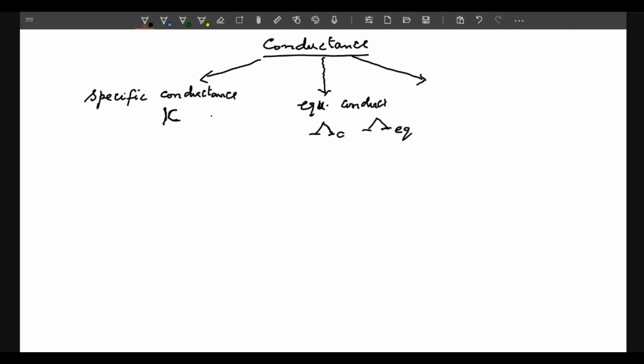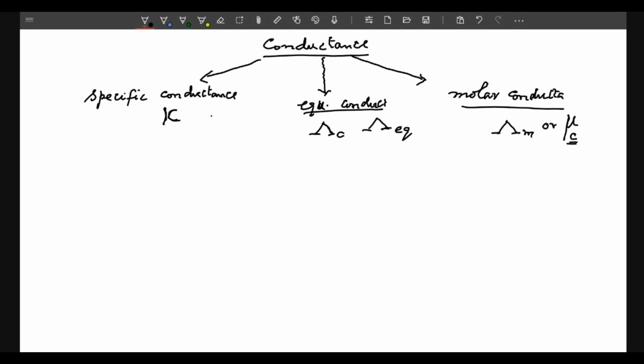The third type of conductance we call the molar conductance. Here, for equivalent conductance you should give the normality, and for molar conductance you should give the molarity. That is represented by lambda m, or in some books they represent it as mu c at a given concentration.